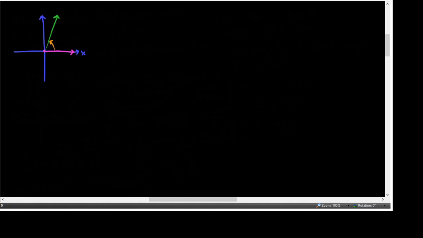Okay, so the angle between those, going from the initial side to the terminal side, we'll call that angle theta. And what I want to do is pick just some point on that ray. Doesn't really matter what point I pick. I'll pick that point right there and draw a line straight down to the x-axis.